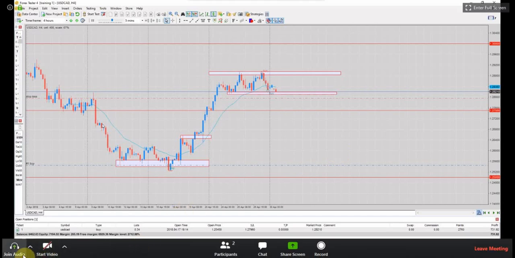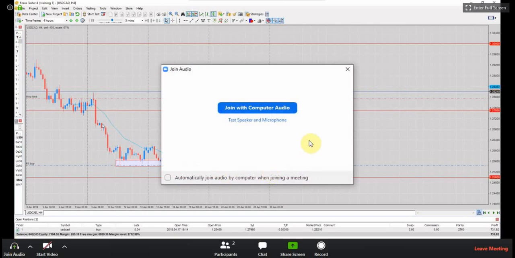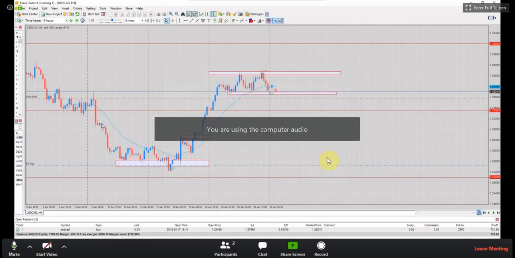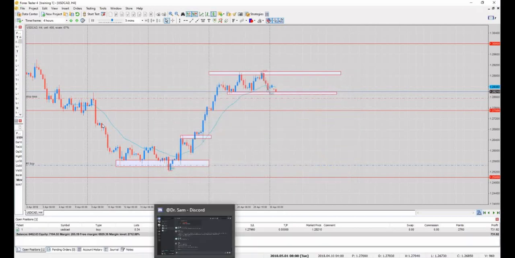I'm going to join with computer audio. I'll have to set this up right quick.